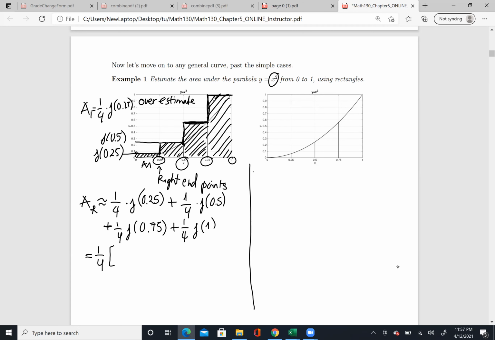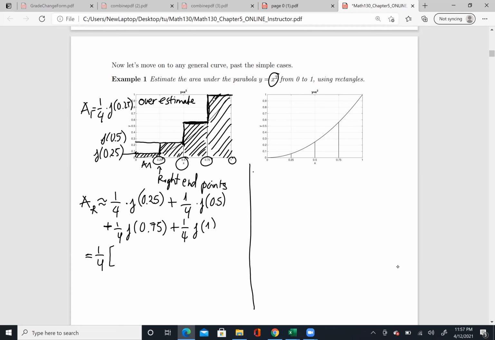So I will have 1/4 times 0 squared plus 0.25 squared plus 0.5 squared plus 0.75 squared.